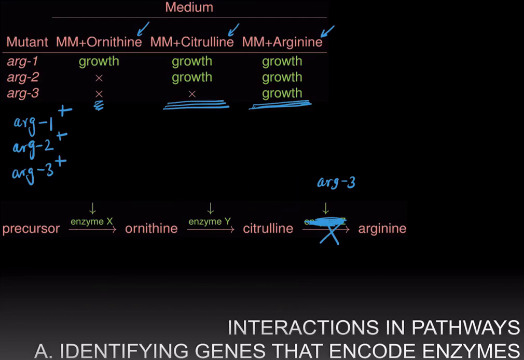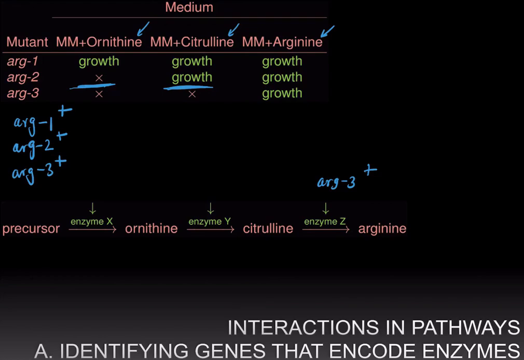Now, we can use a similar set of reasoning, and we can compare the ornithine supplemented medium condition with this citrulline supplemented medium condition for the ARG2 mutant.